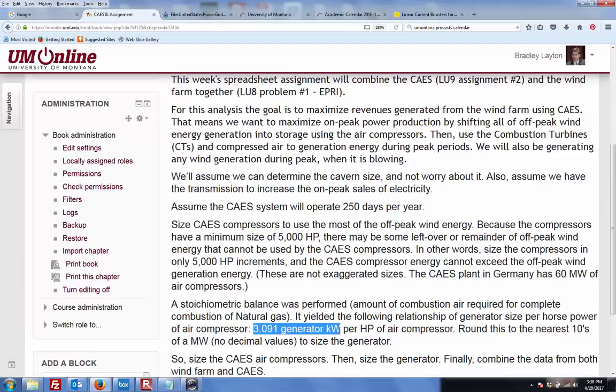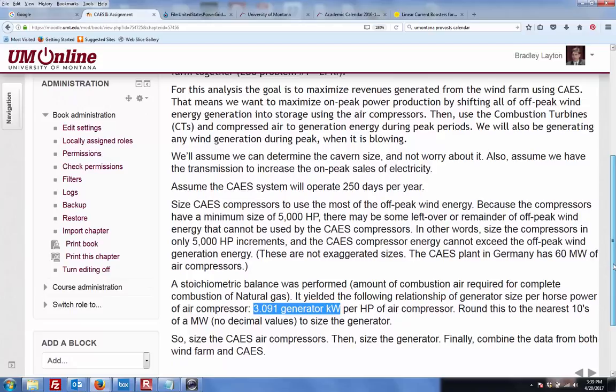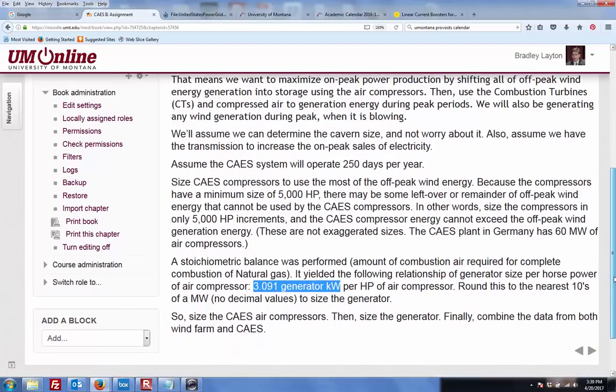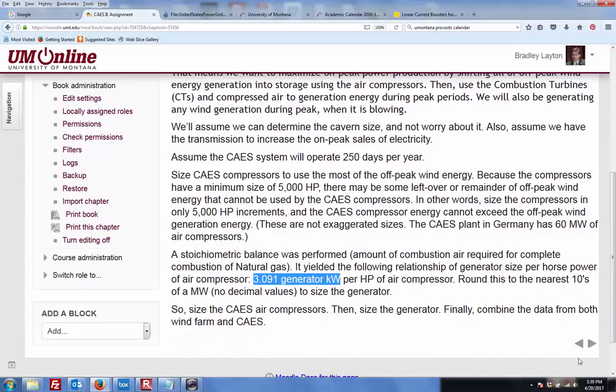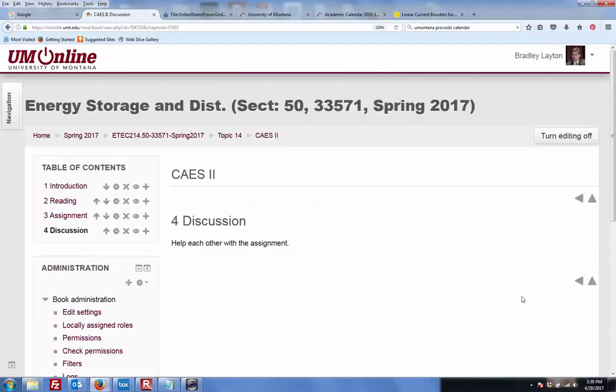Round to the nearest tens of megawatts, no decimal values to size the generator. So size the CAS generators, then finally combine both the wind farm and the CAS so they help each other.